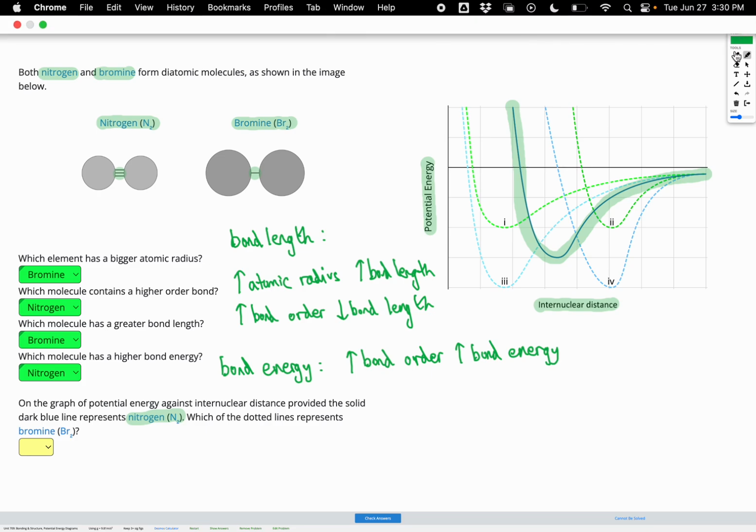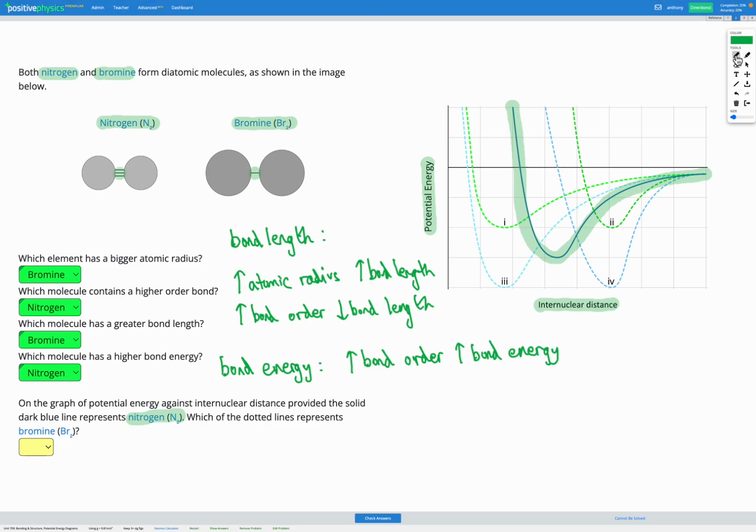So there are 2 things to take note of here. One is the internuclear distance, which is on this axis. So that's the distance between the nuclei of our 2 elements. The other thing is the potential energy, which is shown here on the y-axis.